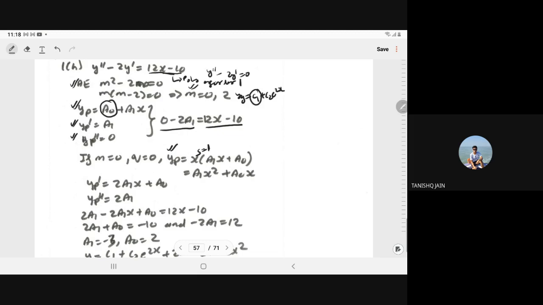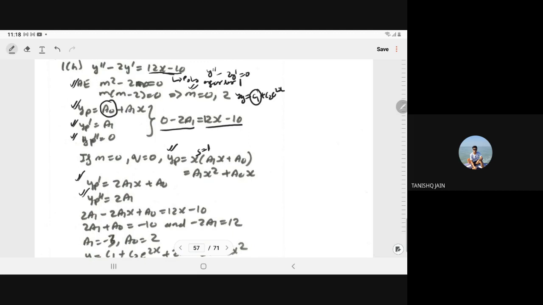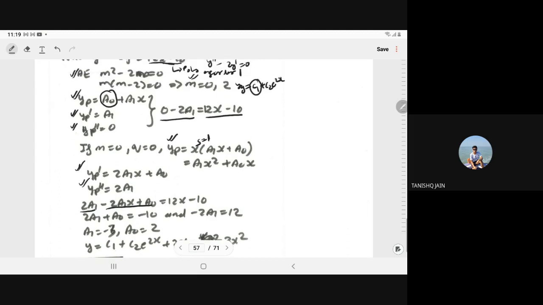a1x plus a naught. Ultimately, what is this? a1x square plus a naught x. So when we compute the yp dash and yp double dash and put in the given differential equation, y double dash minus 2y dash is equal to 12x minus 10, here we have the yp double dash.